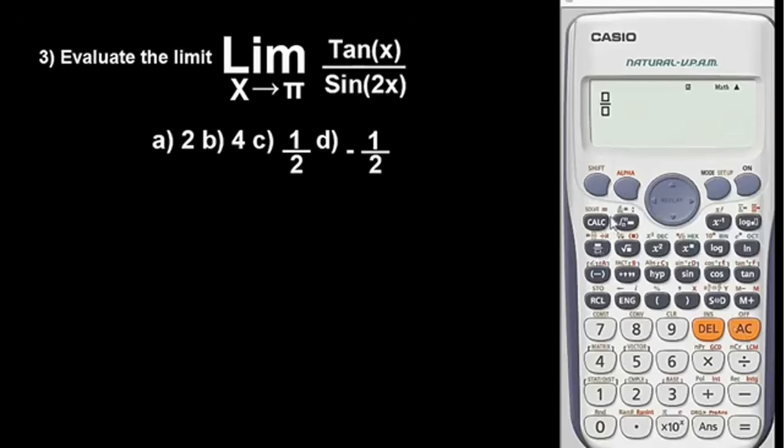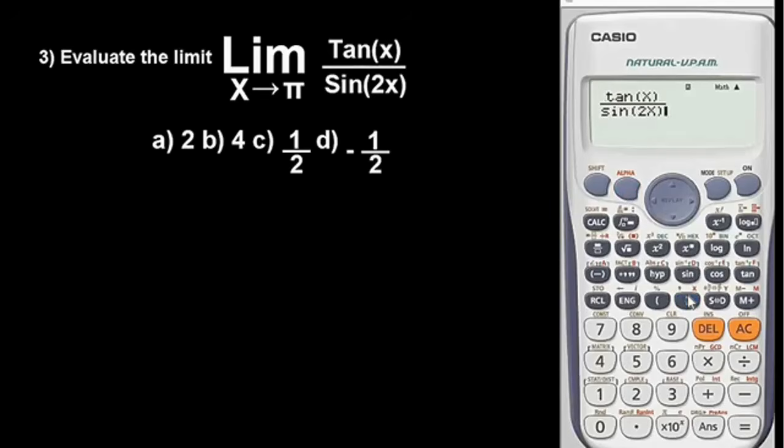So we have here tan x, which is tan, alpha x. We close the brackets, all over sine 2x. So we have sine 2x, alpha x. We close the brackets.